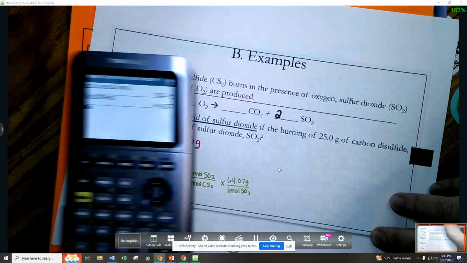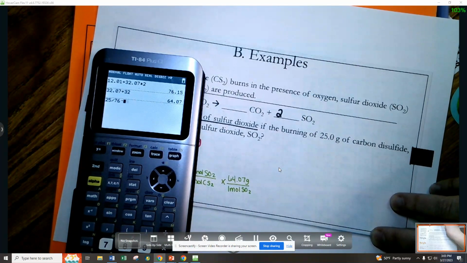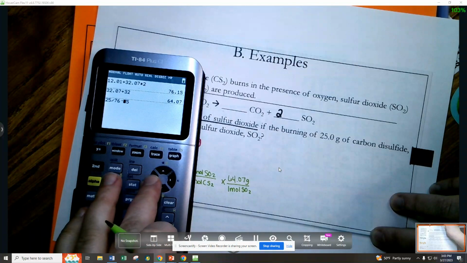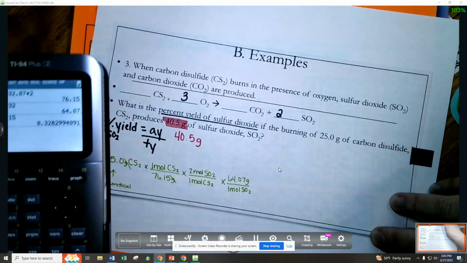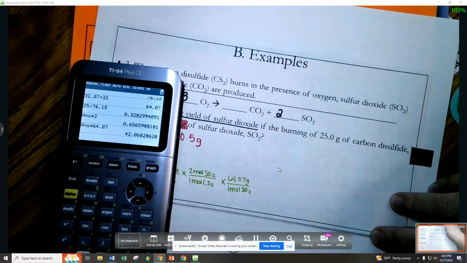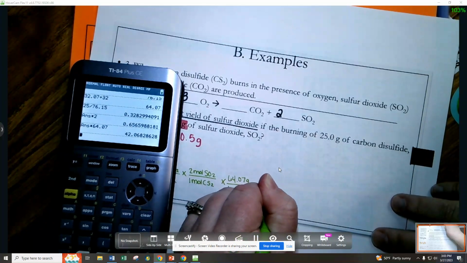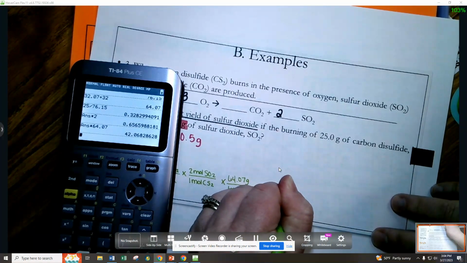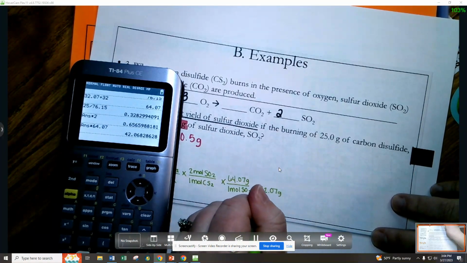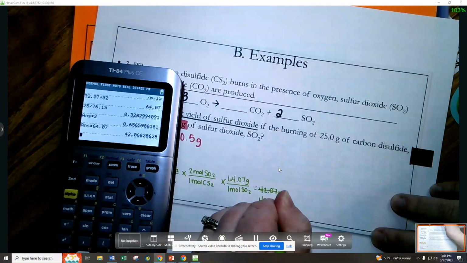So then it's a number crunching game of 25 divided by 76.15. I then multiply by my mole ratio of 2 to 1, so I just got to times by 2, times 64.07. So hypothetically, this should have formed 42.07 grams. And actually, I'm going to go ahead and say 42.1 to keep appropriate number of sig figs.